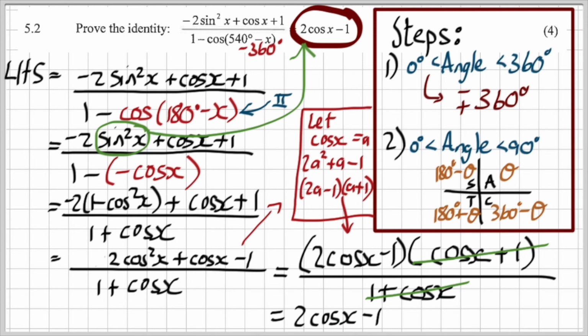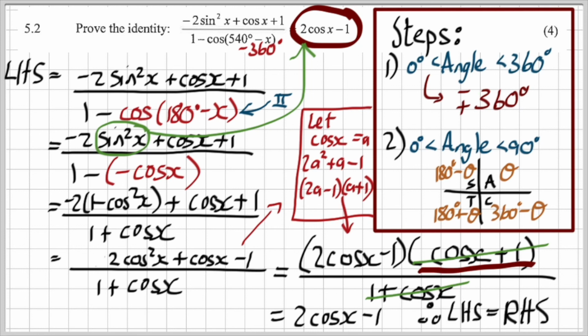So I know one of the brackets is going to be cos x plus 1. There are some ways you can try and think about it, but what I love to do is use the K method. That way you let cos x equal A or K, and then factorize, divide away, and my left-hand side is equal to my right-hand side.